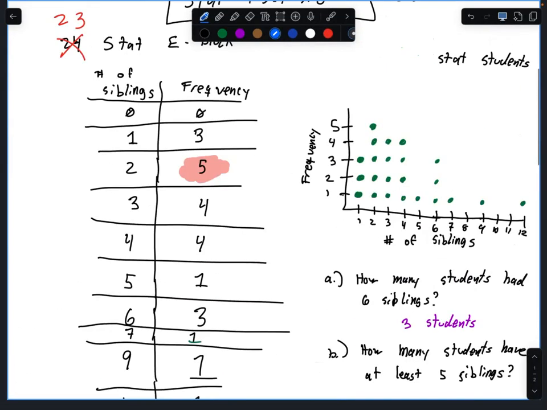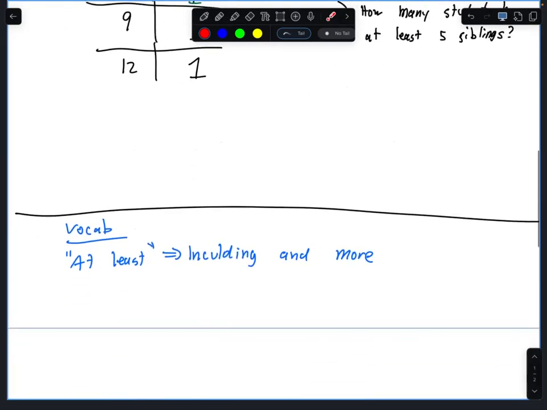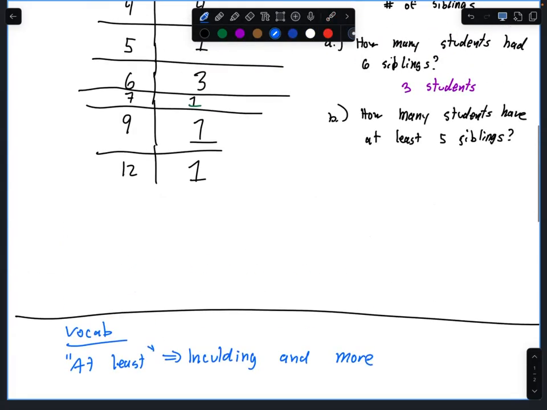There are 7, and we can do that by counting 1, 2, 3, 4, 5, 6, 7. It includes. So at least 5, at least 4 will be 4 and more.